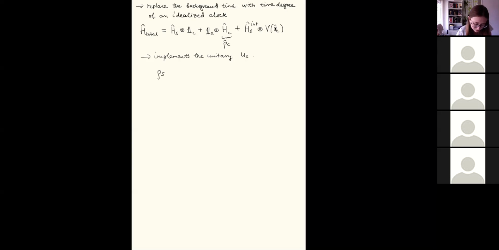To verify this, you should start with the initial state of the clock and the system as a separable state with only one term, with the clock starting in some pure state psi. The hint would be to write the latter state in the phi j basis.